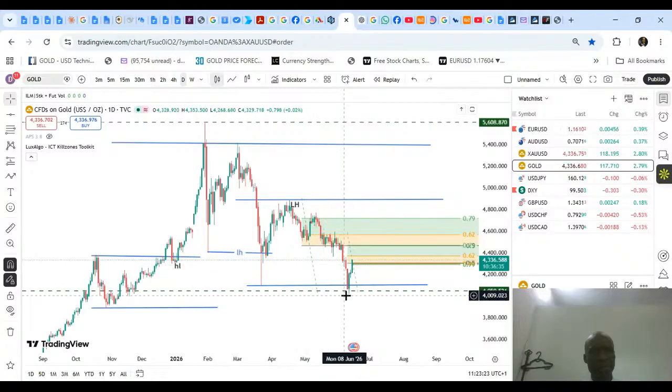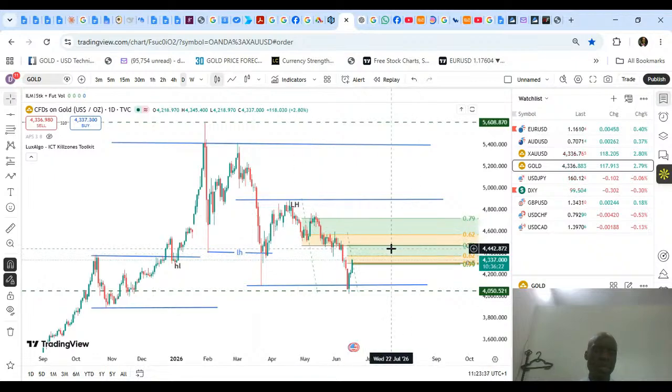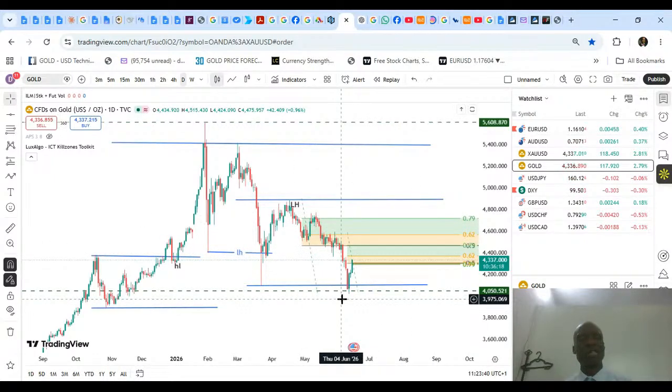So this is where we have our trading zone, here and here, based on the daily time frame, which means we have to be able to identify the position where we can enter for a sell. And how do we know that?